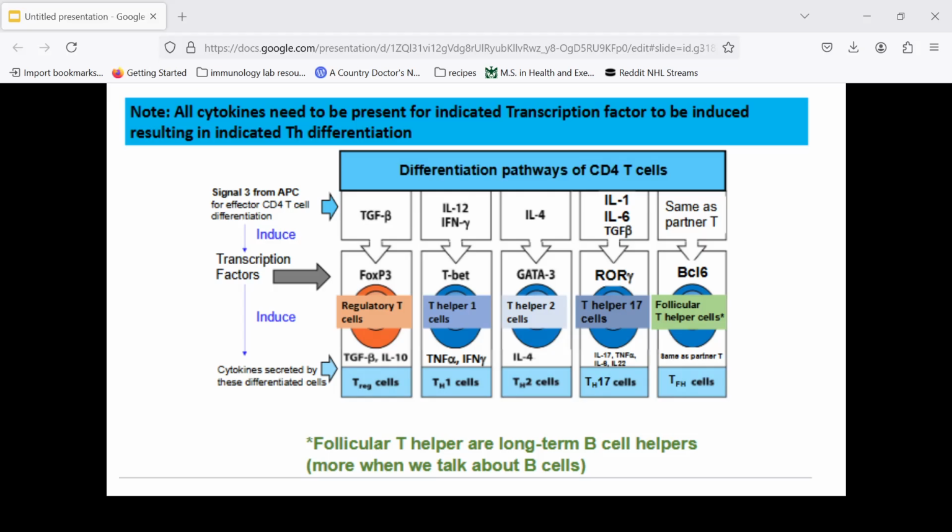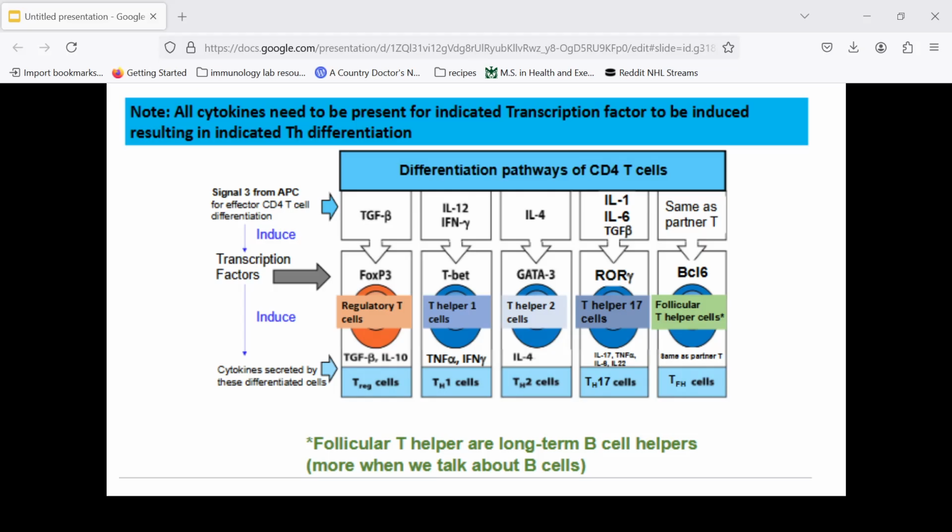I love this slide. I really recommend looking at this slide a lot if you're uncomfortable at all with the cytokines that cause each TH response and that each TH response results in. At the top, we have the cytokines that result in the differentiation of that TH cell.